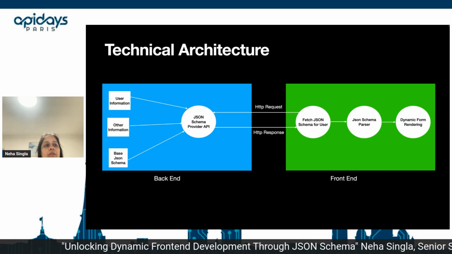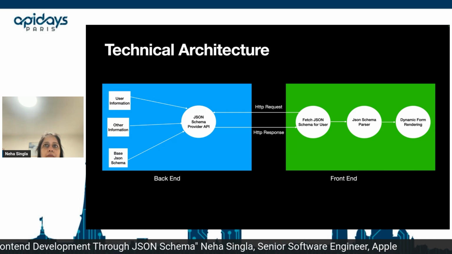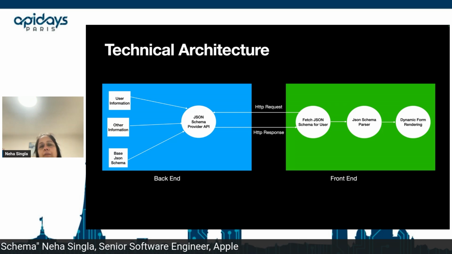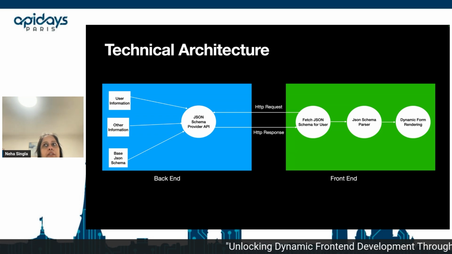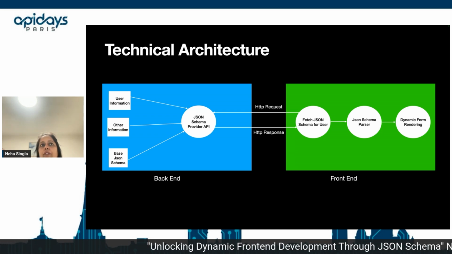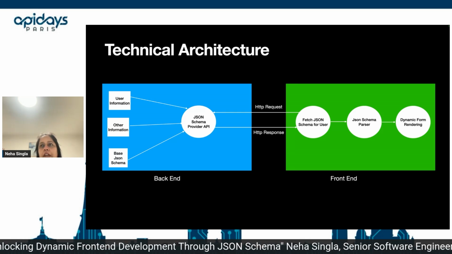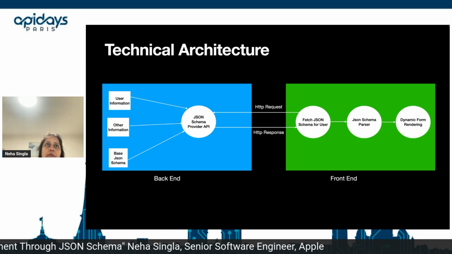Based on user access, for each user it dynamically creates a JSON schema, and the front end uses that JSON schema. It has its own parser to parse the schema and render the form, including all the validation rules. Sending the data back from the UI to the backend is also in the form of JSON schema.